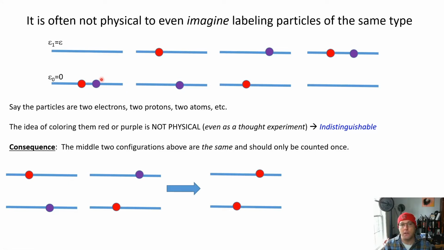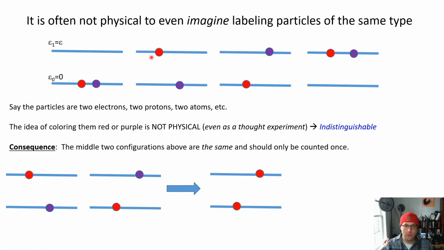So if these are electrons, even though in PowerPoint you can make one red and one purple, there's no physical experiment you could ever do that would allow you to distinguish between different situations of this labeling, right?